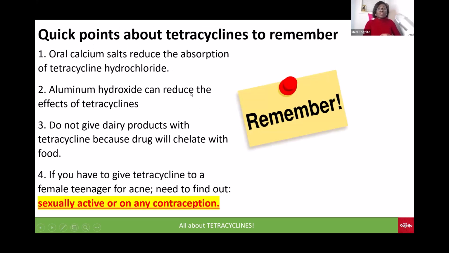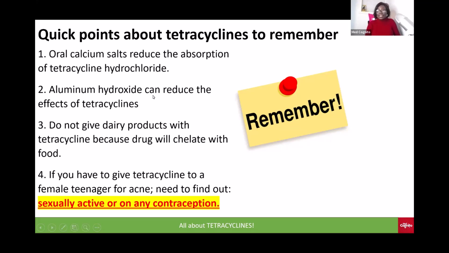So let's talk about these quick points, which will be needed in your NCLEX exam. We've spoken about it, but I'm going to emphasize that again. Oral calcium salt will reduce the absorption of tetracycline hydrochloride. So if a client is on calcium tablets and you're going to give tetracycline, remember that it's going to bind to the tetracycline and prevent it from doing its work.